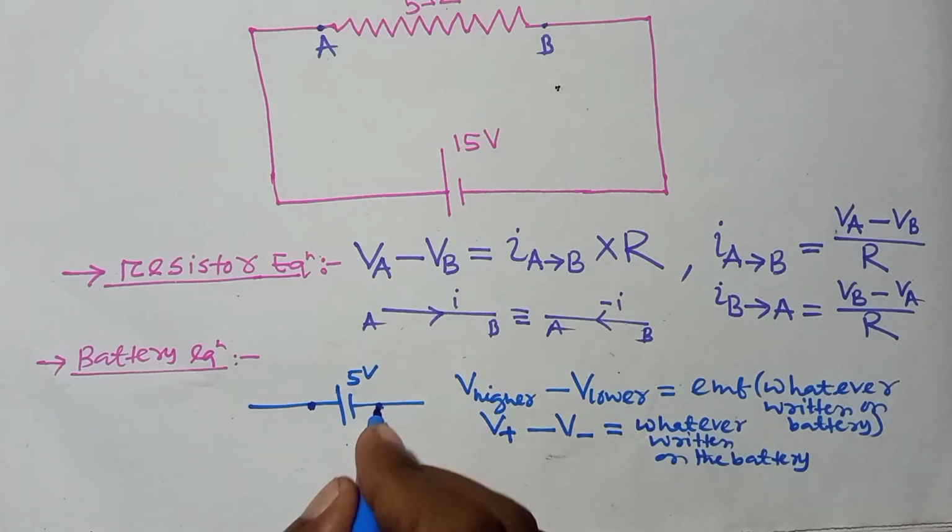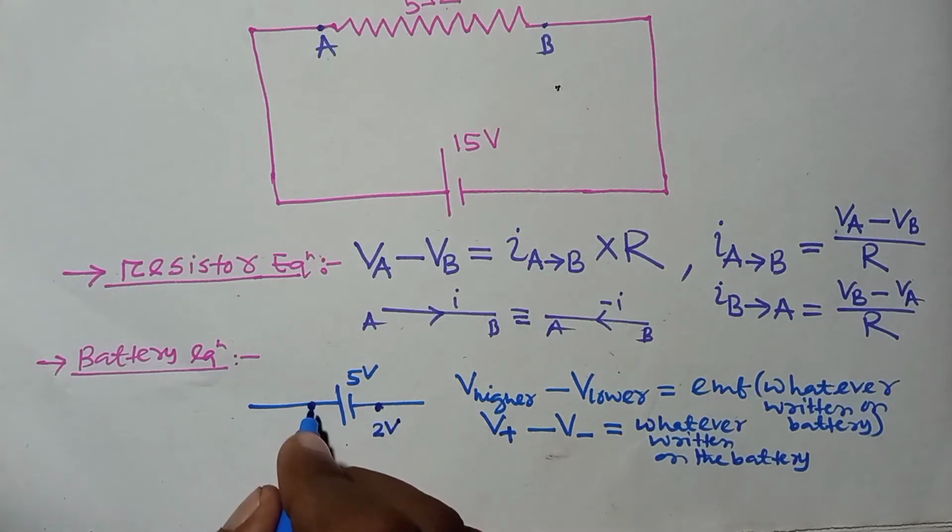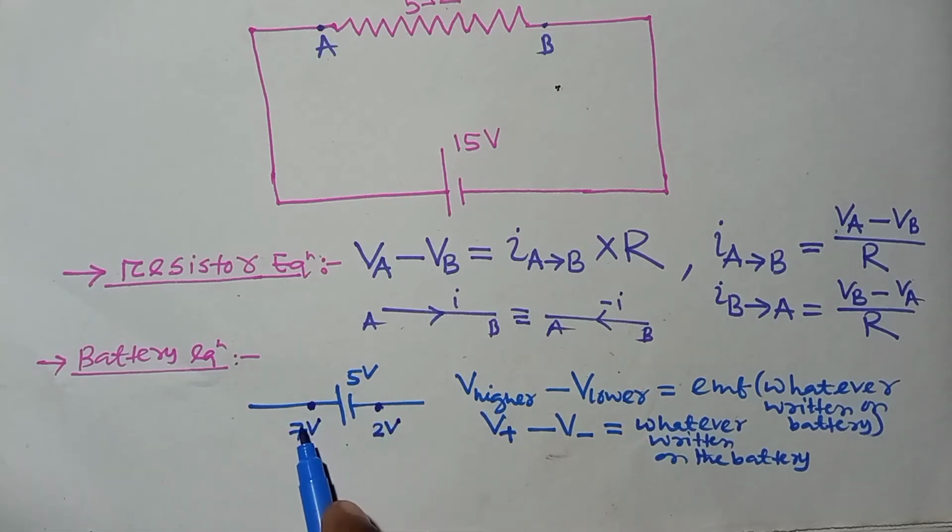Let's say this side has a potential of 2 volt. That means this side has to be 7 volt, because this side minus this side has to be 5 volt. If this side has a potential of 0 volt, then this side has to be 5 volt. If this side has minus 3 volt, then this side has to be 2 volt.